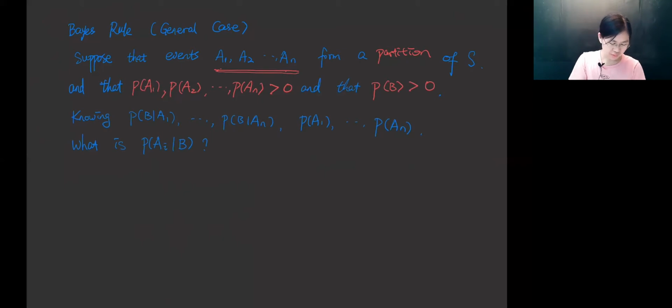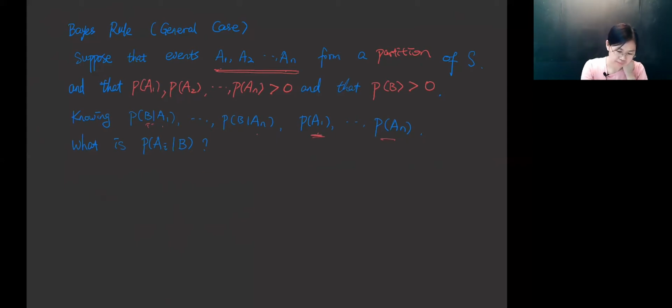The situation is when we know the probability of B given each of the events in the group that form the partition, and we also know the relative probability of each of the events in the partition.